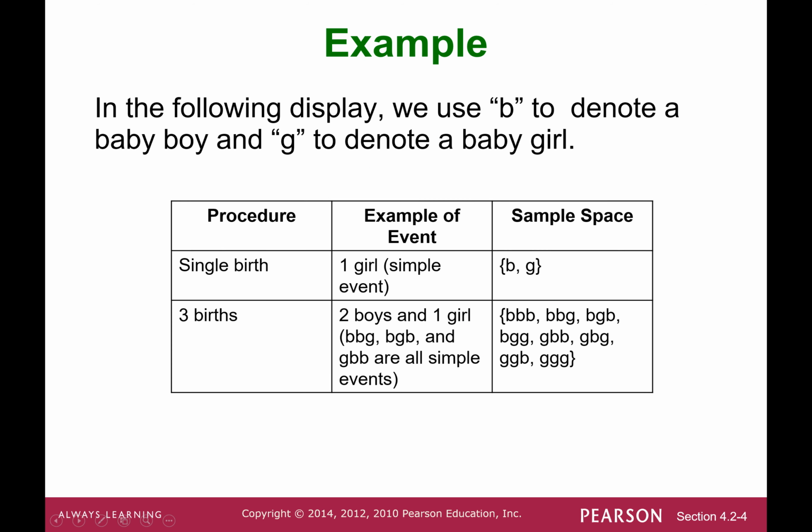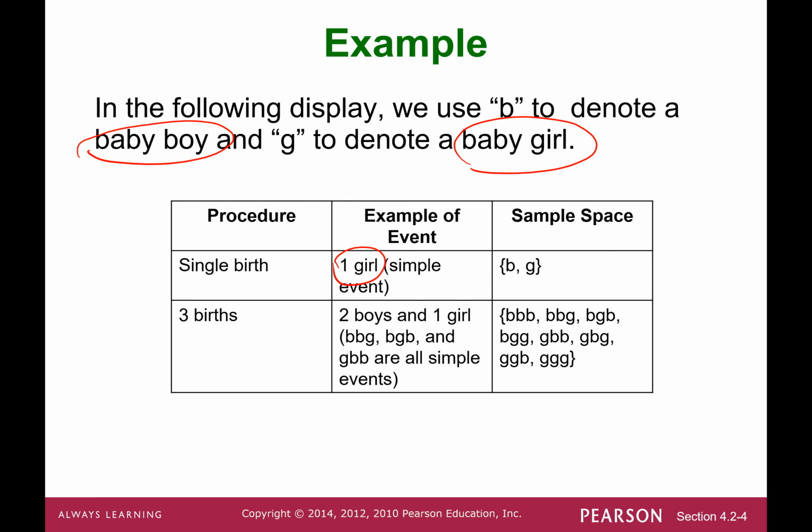All right, so now let's take a look at this example. Let's say we use B to represent a baby boy and G to represent a baby girl. For a single birth, if you look at a single child, one girl is a simple event.